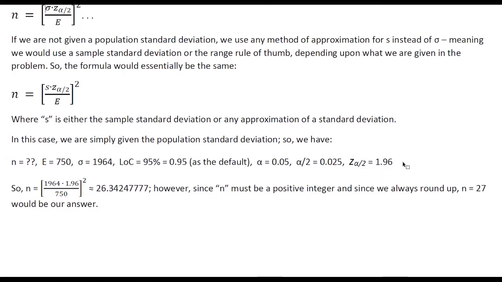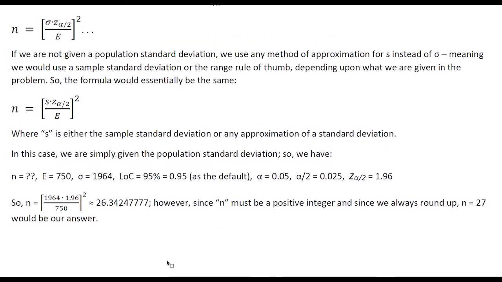Again, I'm going to pop this on a spreadsheet just like I always do. So, because of this formula up here, I have n equals 1964, which is my population standard deviation, times 1.96, which is my z sub alpha over 2. Multiply those together, divide by 750, get some number, and then square that.